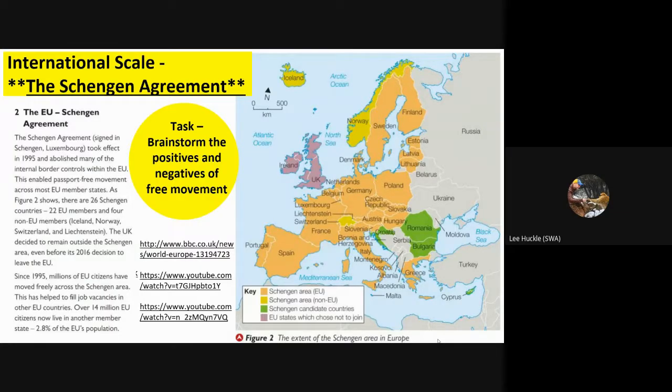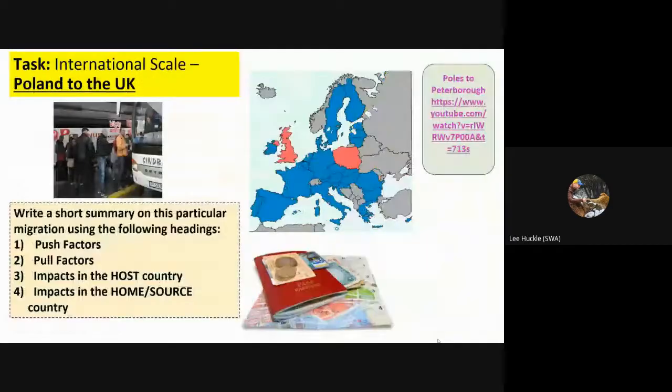And the example you looked at was the Schengen Agreement within the European Union, which has allowed the freedom of movement of people. If you're within the European Union, you can live and work within any other European country of your choice. So do remind yourself of this case study, which led very nicely into the more precise example of this international migration, looking at Polish migrants coming to the UK, in particular to the city of Peterborough.